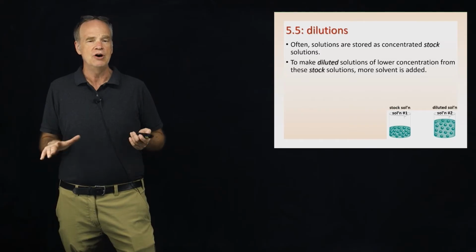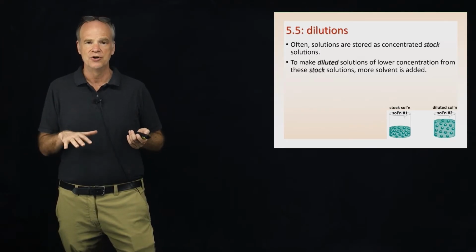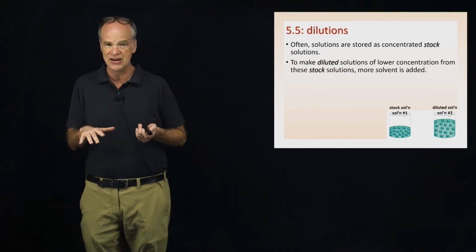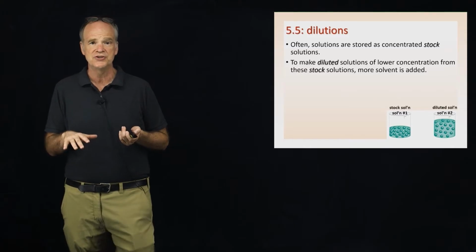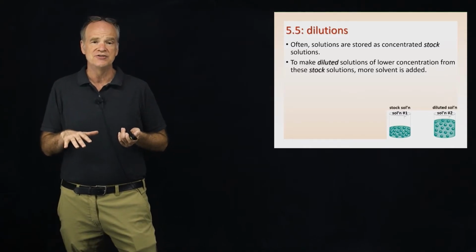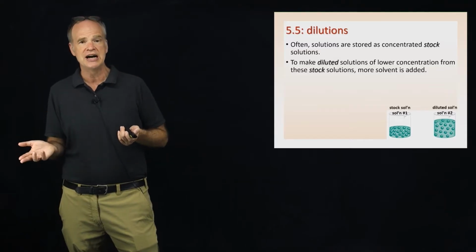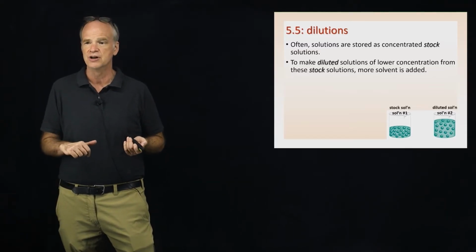What will happen is, although the moles of your solute haven't changed, the volume that you've dissolved that solute in has increased quite a bit. This is the diluted solution, which I'm calling solution number 2, as opposed to the stock solution, which is solution number 1.